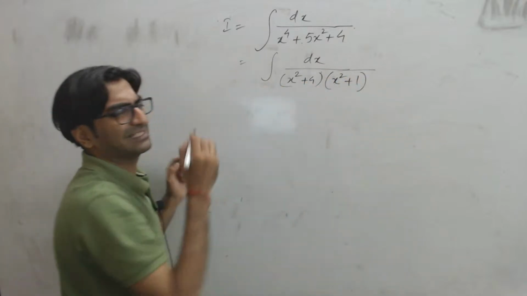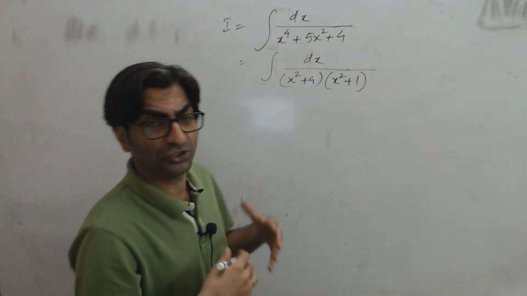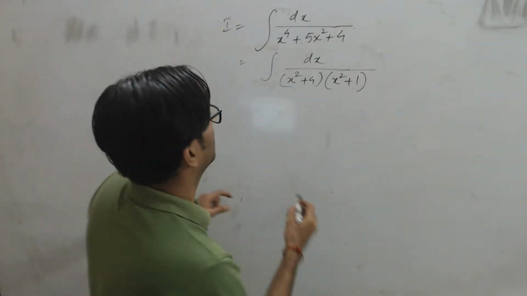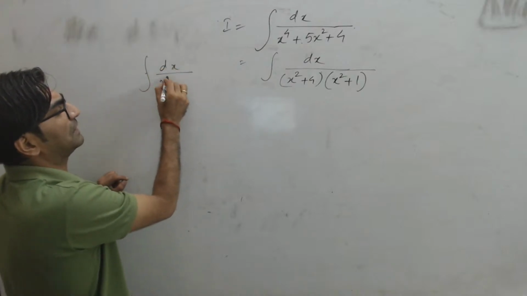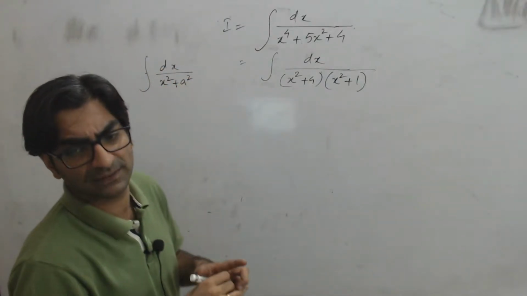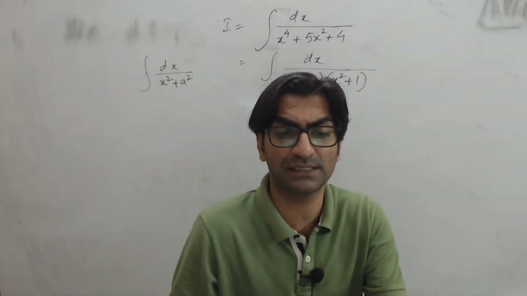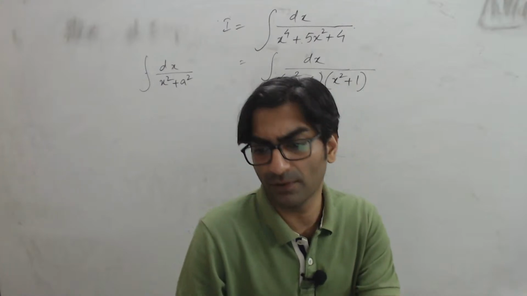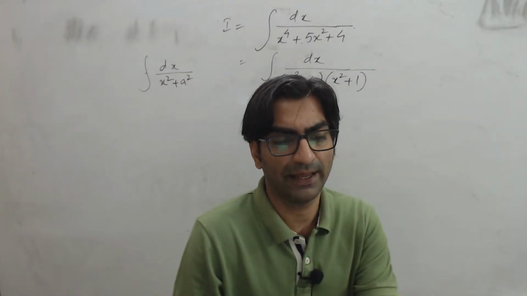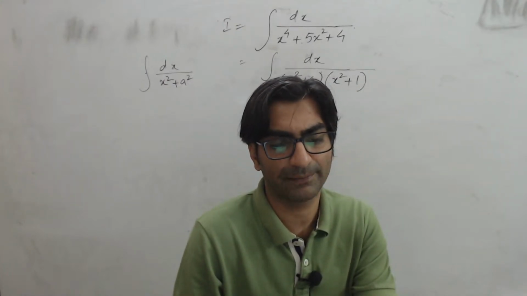Now, the moment I reach this point, I should think, do I have a formula for integral of dx upon x square plus a square? If you guys know the formula, please confirm. Do I have a formula for integral of dx by x square plus a square?